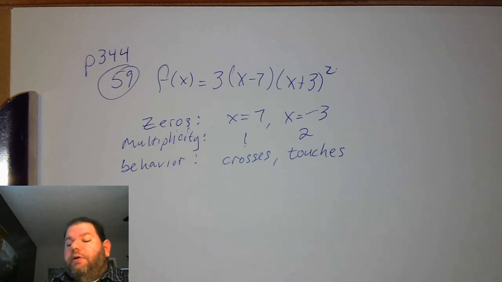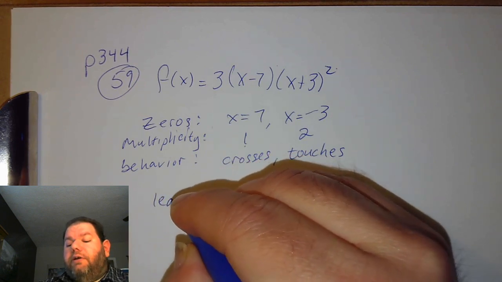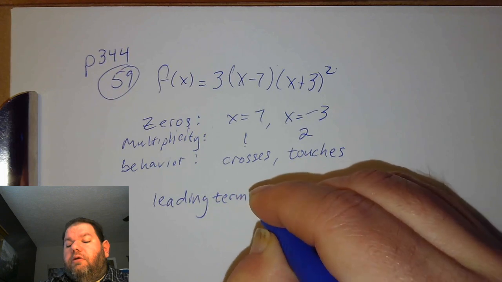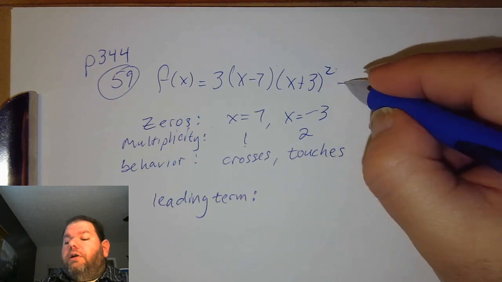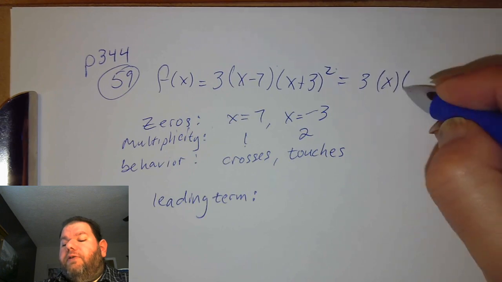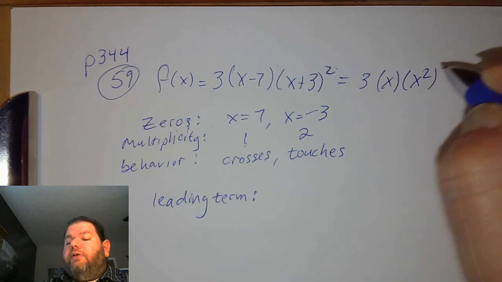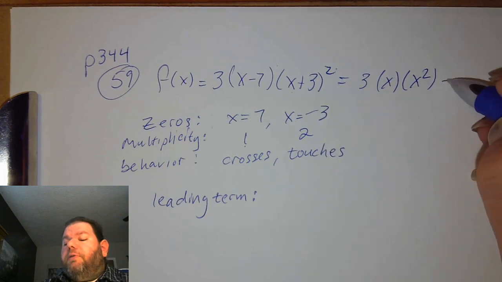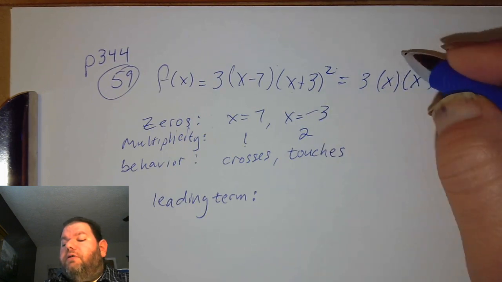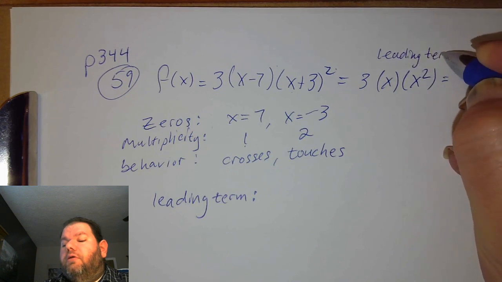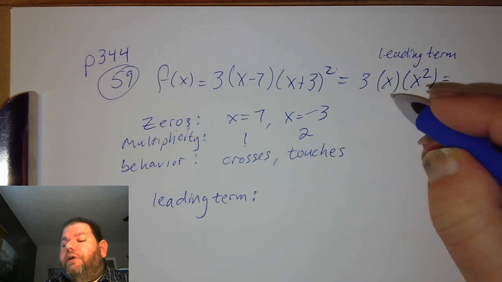Okay, now we also need our leading term. If we multiply this out, we're going to get an x from the first parentheses and an x squared from the second parentheses. And if we multiply those together, that's 3x to the third.